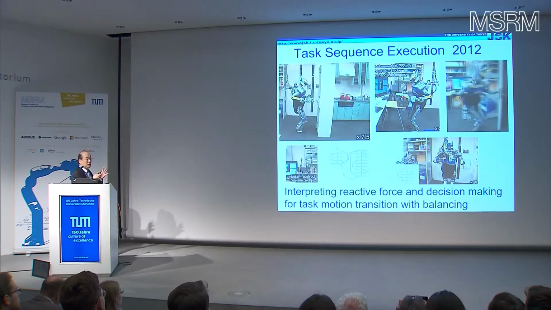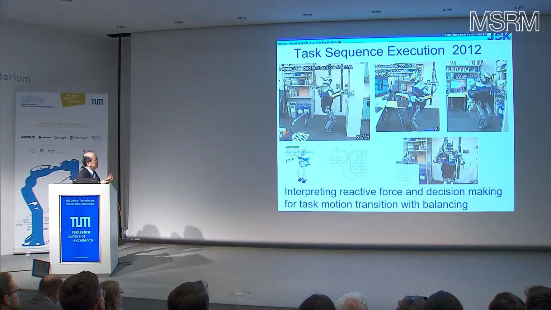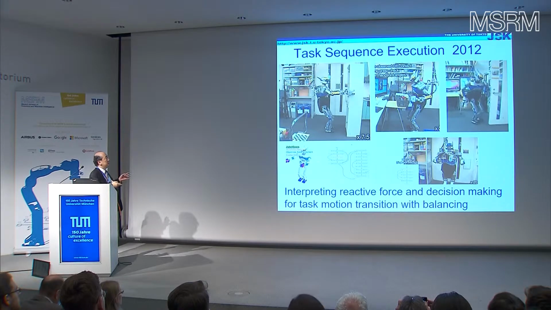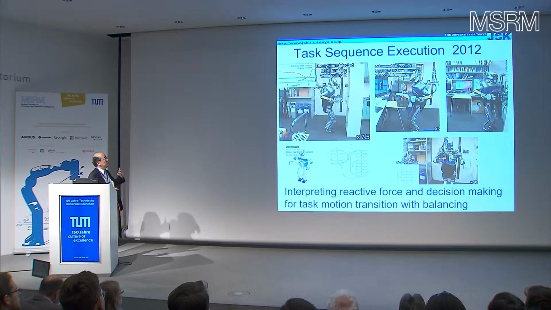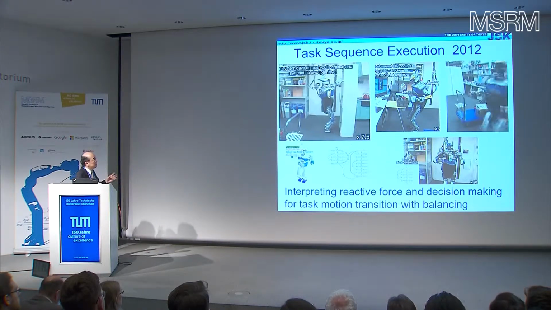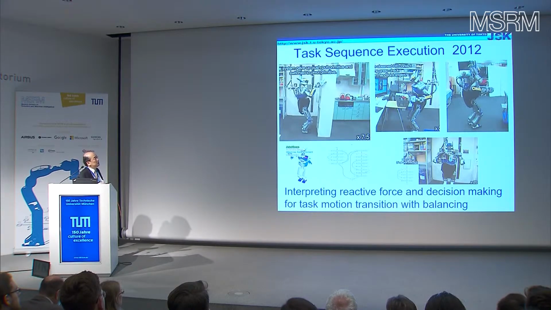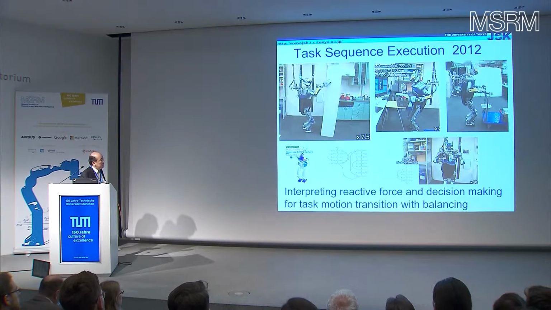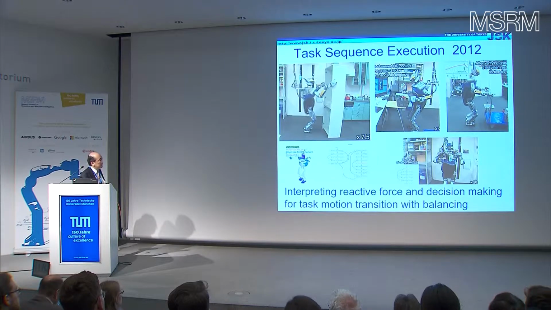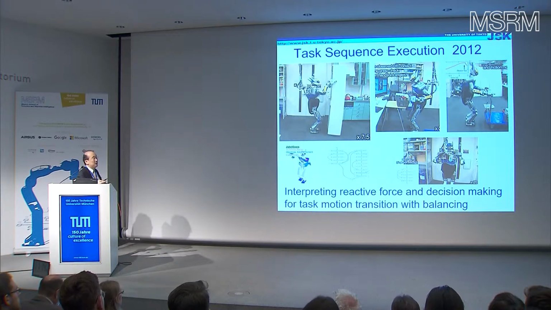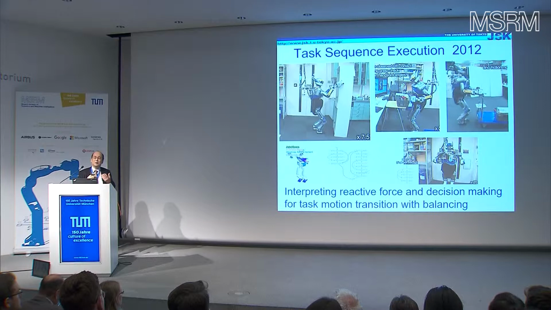The structure is initially provided by the human, but the transition's real data instance is created during the motion. So that transition is controlled based on the reactive force from the environment.